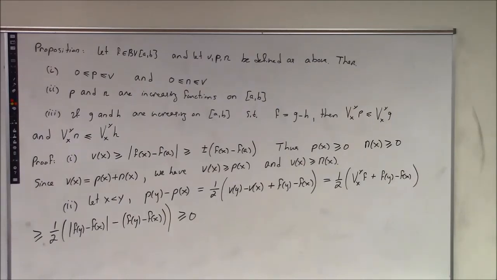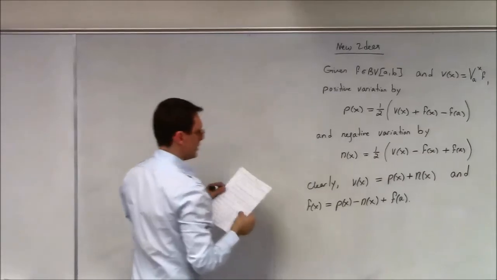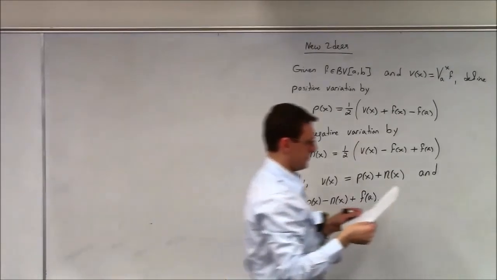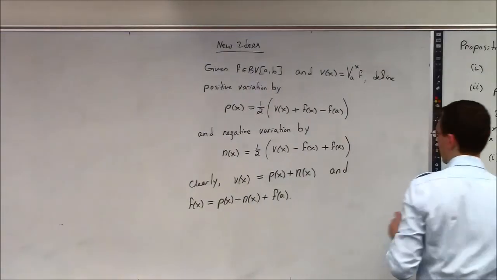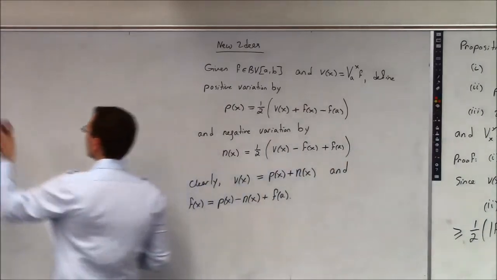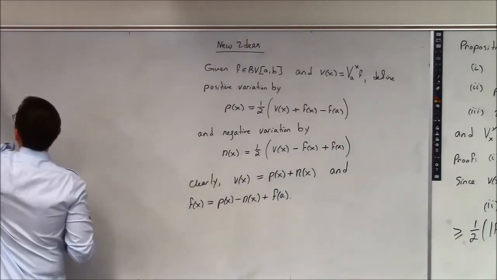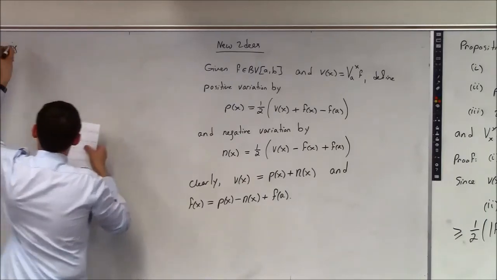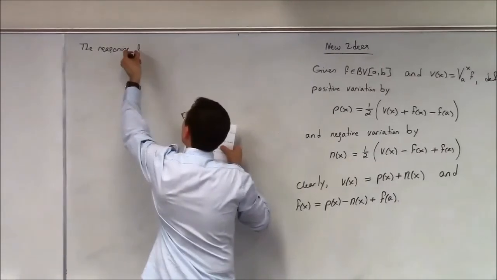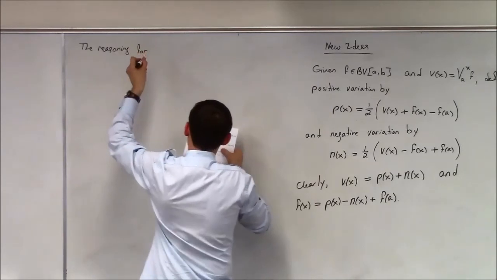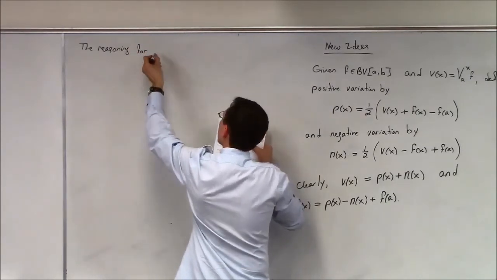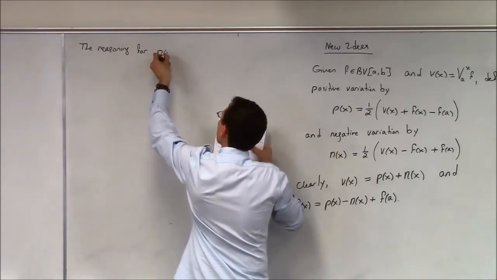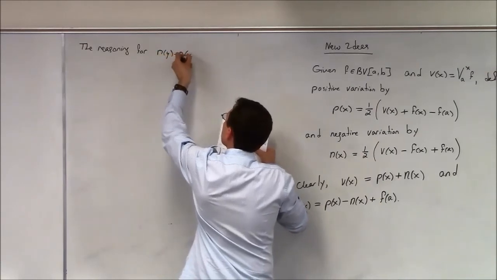This is basically just a calculation, right? If you take p of y, p of x. The reasoning for n of y minus n of x is similar.